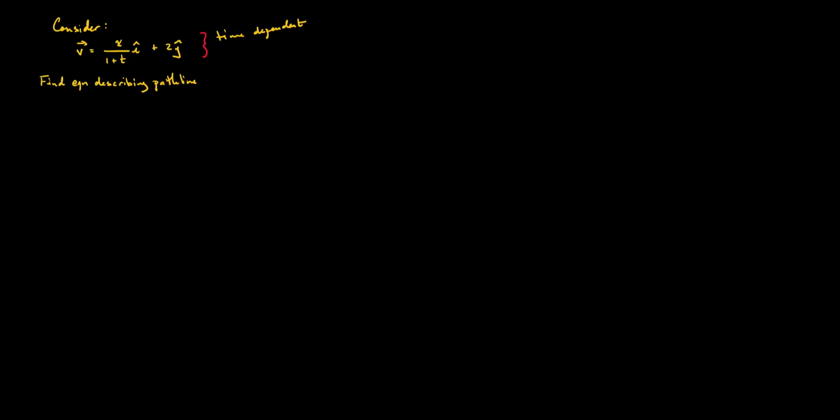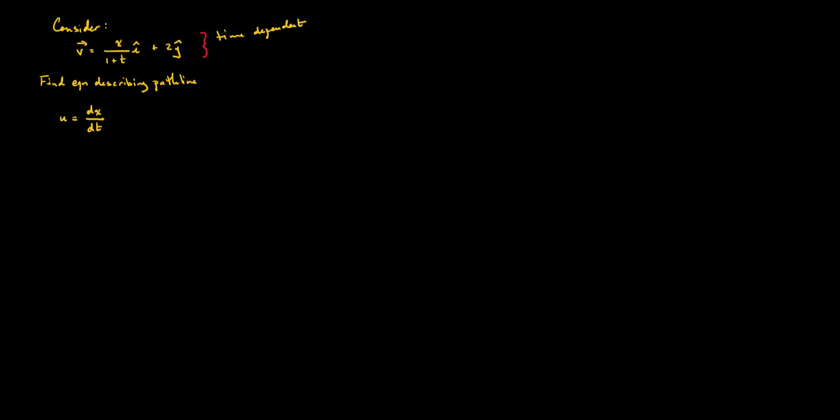Okay. So what we can do here to find the path line is to consider the x and y components separately. So we have, for example, the x component of velocity, which we define as u. And you can imagine that the x component of velocity is the time rate of change of dx by dt.